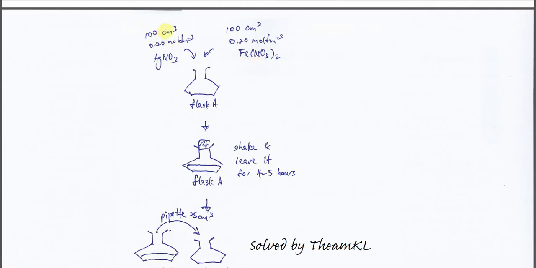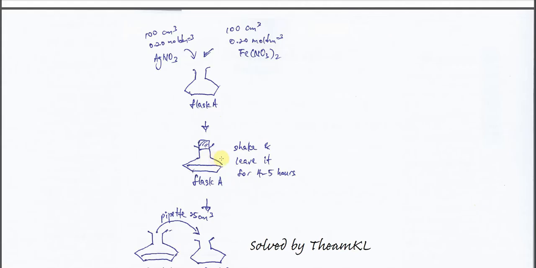We put 100 cm³ each into a conical flask, let them mix, and we label this conical flask as flask A. After that, put the stopper and shake it, and leave it for a few hours, about 4 hours.